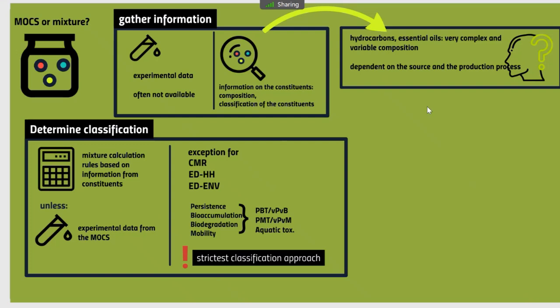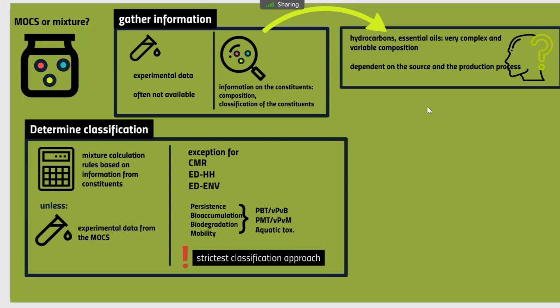So, for example, if you have skin irritation, that is in this case not the case because you have experimental data that concludes that this is not the case. However, if you would look at the constituent and you would calculate the classification, you would have skin irritation, then that does not overrule the experimental data. For CMR and all of the other hazard classes that are mentioned in the exception, the mixture calculation can overrule the experimental data. So that is what we mean with the strictest classification approach.